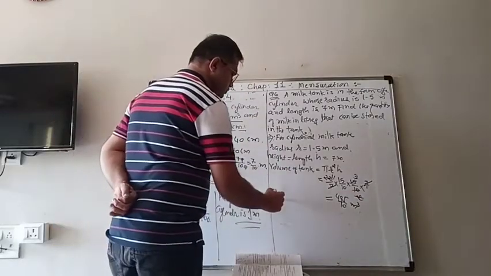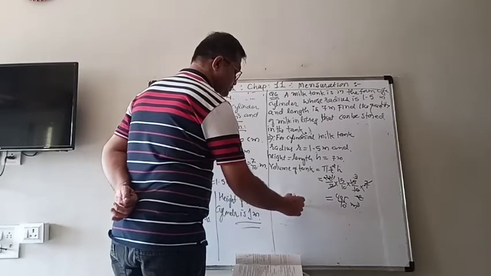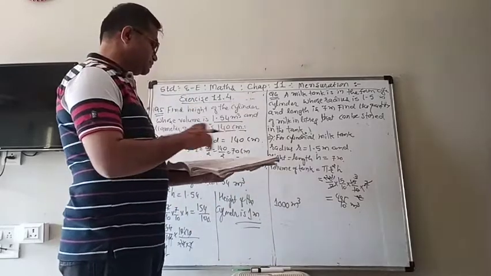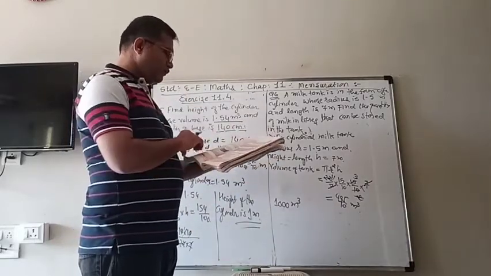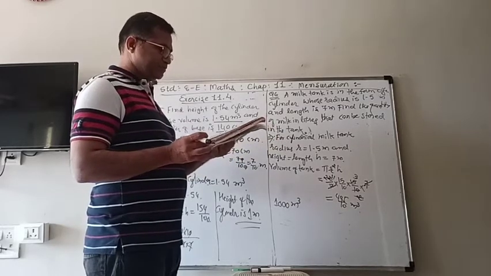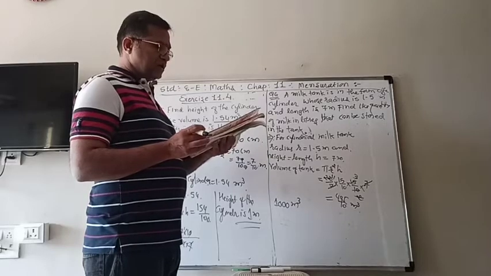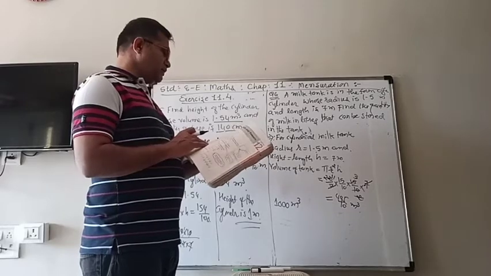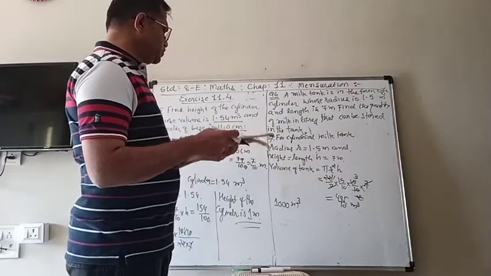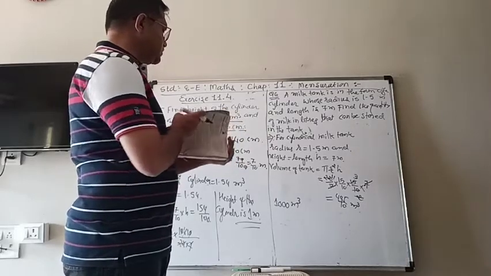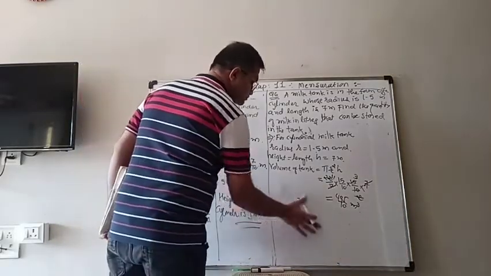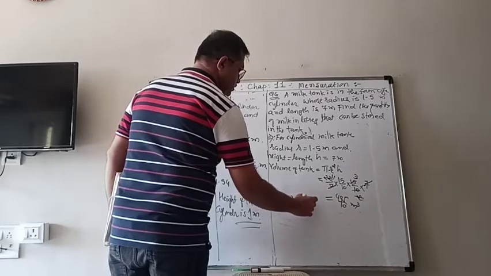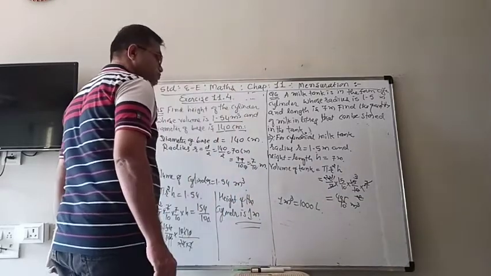Now we have the conversion we wrote down: 1 meter cube is equal to 1000 liters. So we have to convert it into liters.